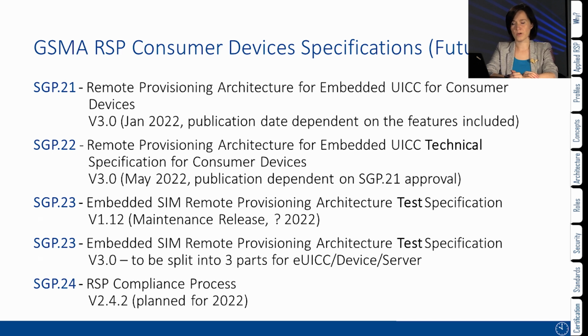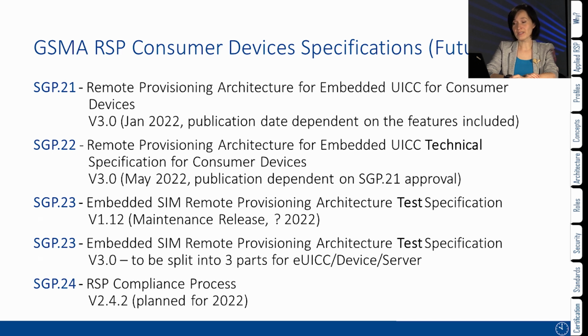Sometimes the specification is not approved by the group for some reasons. And yes, we have this maintenance update, with version 1.x. For version 3, we'll have a major change, and therefore a major version of the SGP23, starting with version 2.x, or starting by 0 but then continuing.